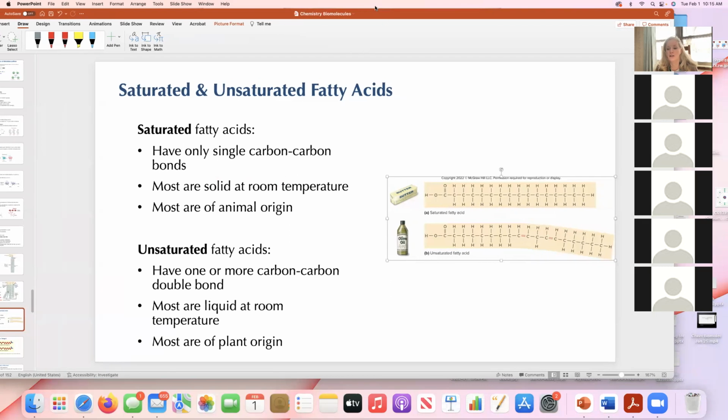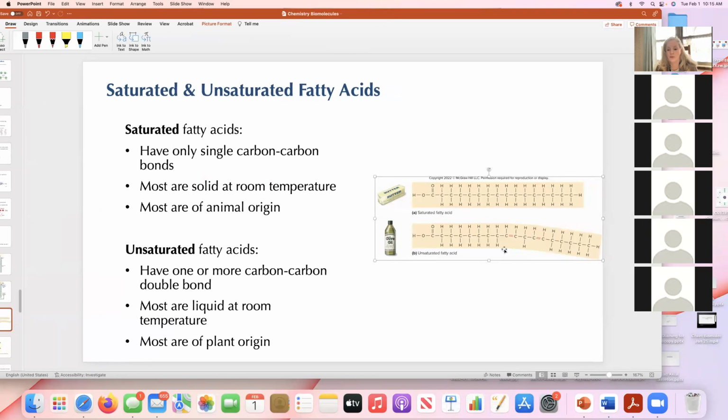Now, if I look at this carbon chain on this fatty acid over here, and I count 1, 2, 3, 4, 5, 6, and I have a double bond right here at the 6th carbon from the end, that's telling me I have an omega-6 fatty acid, okay?